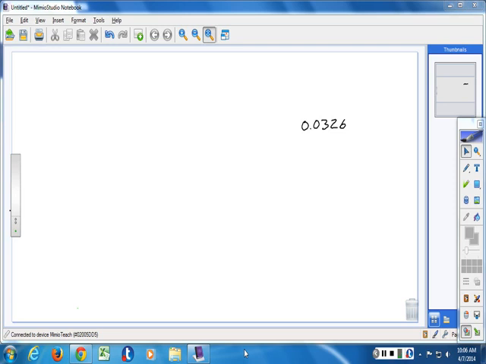We could put a 1 underneath that. Is that number any different? No, we just divided by 1. You can multiply by 1, you can divide by 1, nothing has changed. So 0.0326 is the same as saying 0.0326 over 1.